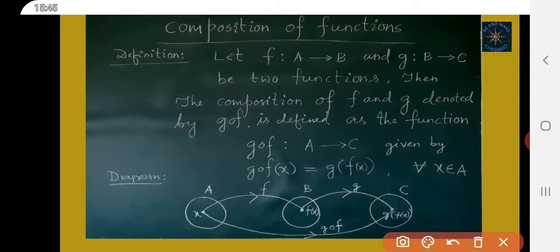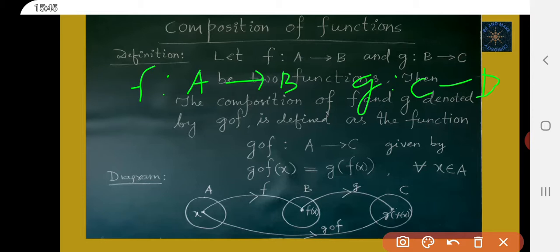Suppose the function f is mapping from A to B and the function g is mapping from C to D, then what condition must be satisfied to compose two functions?